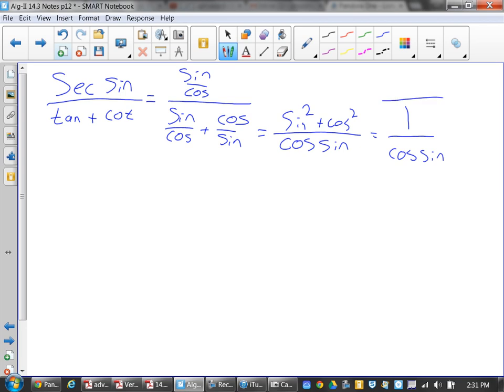So now I have sine over cosine divided by 1 over cosine sine. I just have to flip the bottom fraction as its reciprocal, and things simplify out, and you get sine squared.